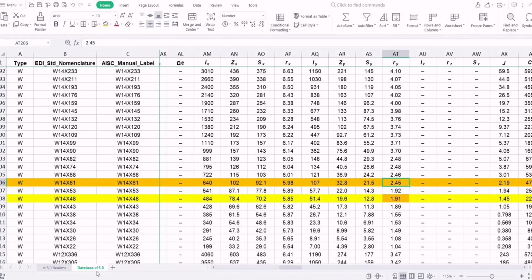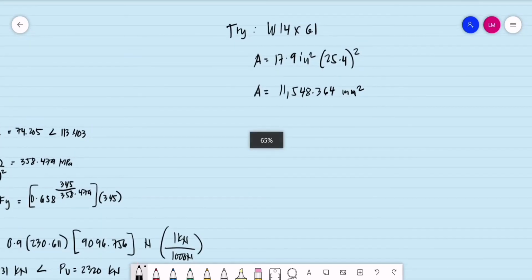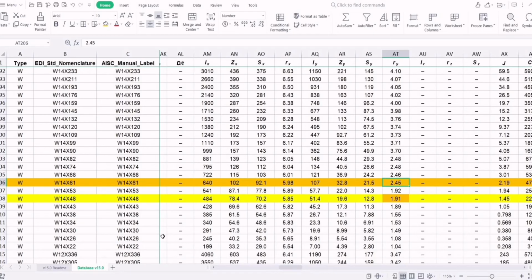So the moment of inertia with respect to the y-axis is less than that with respect to the x-axis. So for our critical radius of gyration, we are considering our ry. So the value of ry is equal to 2.45.